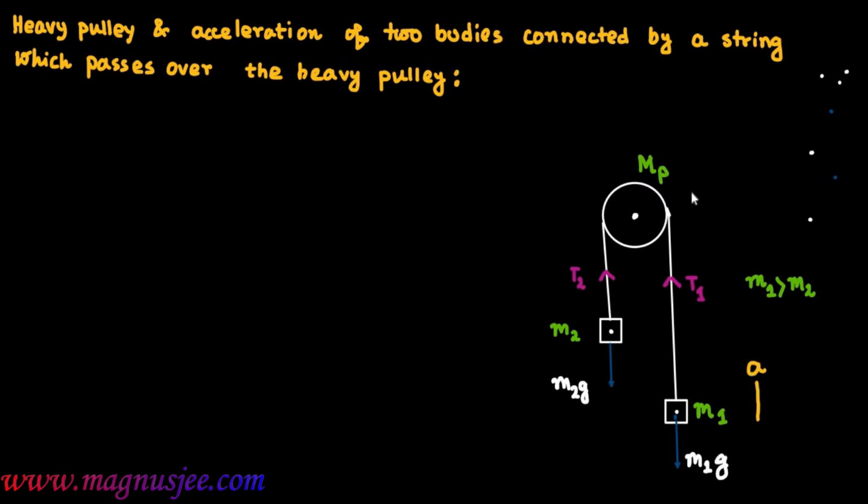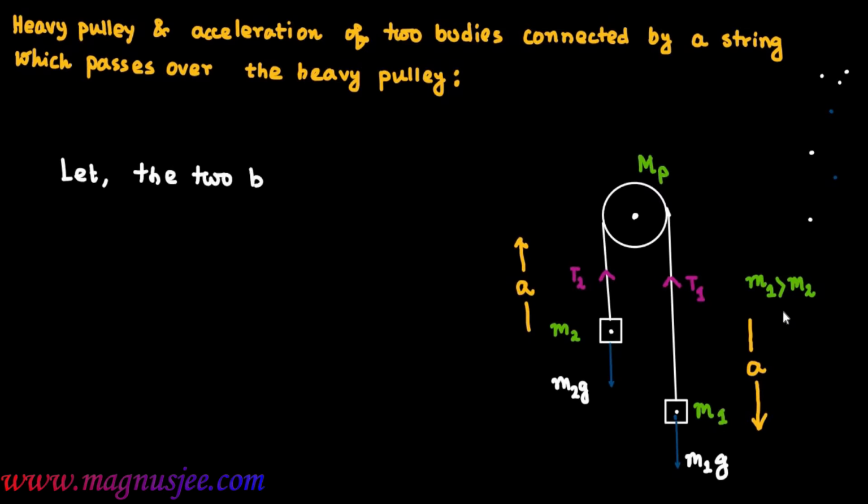Tensions T1 and T2 are the two tensions, and a is the common acceleration with which m1 moves downwards and m2 moves upwards. mp is the mass of the pulley.